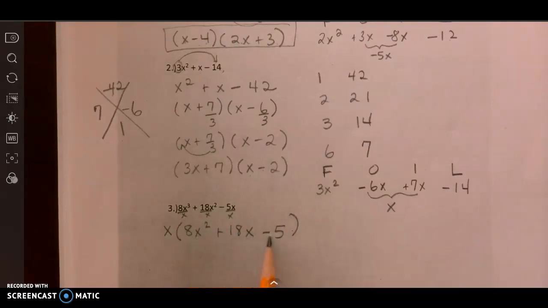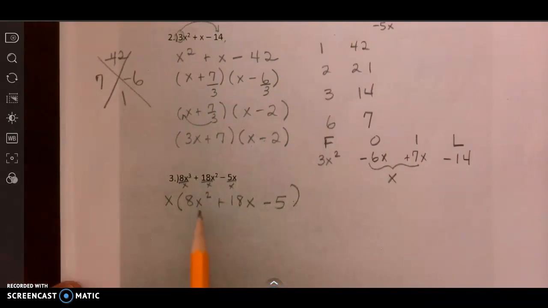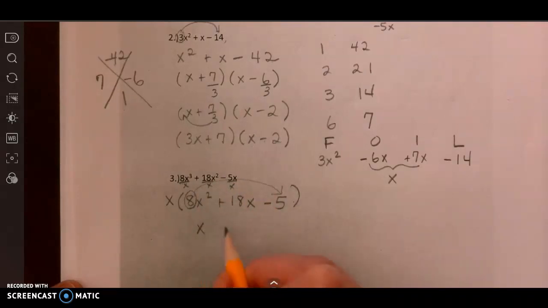And now I'm left to factor this trinomial. Again, this trinomial does not have a leading coefficient of 1, so I need to slide and divide. Multiply the 8, and I get x squared plus 18x minus 40. Now this x is going to be part of my final answer, but I'm not going to keep writing it as I'm factoring out this part.